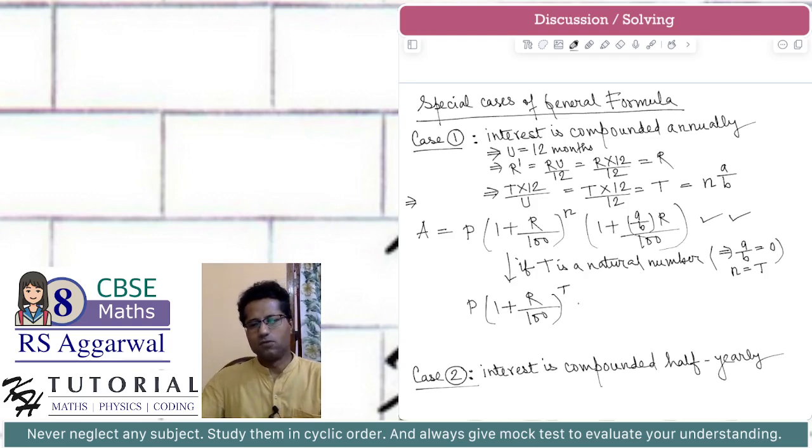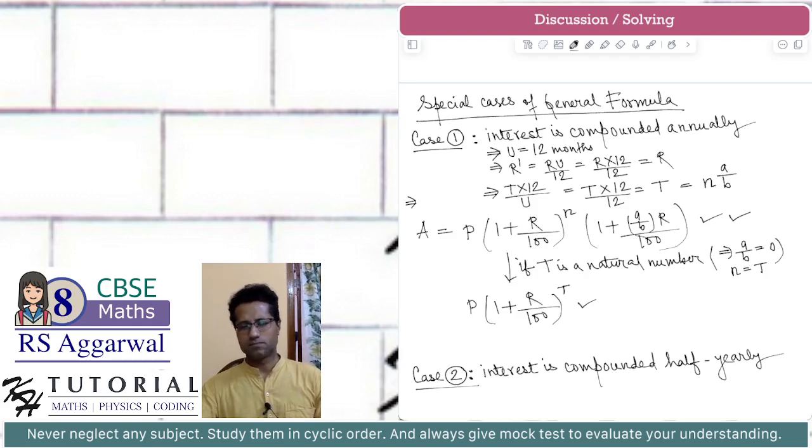This is the formula you are possibly familiar with from the textbook: when the interest is compounded annually and the time t is some natural number like 2 years, 3 years, 4 years, 5 years, and is not a fraction, then the amount A is P into 1 plus r by 100 to the power t.